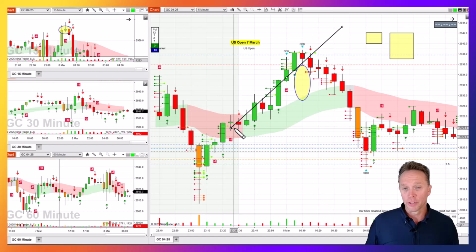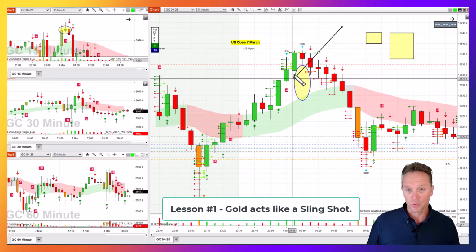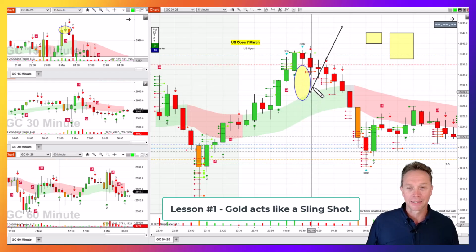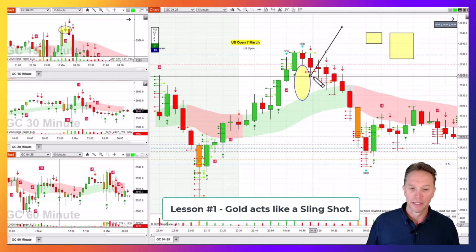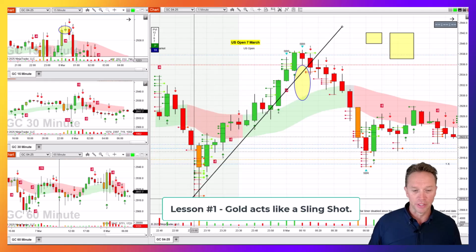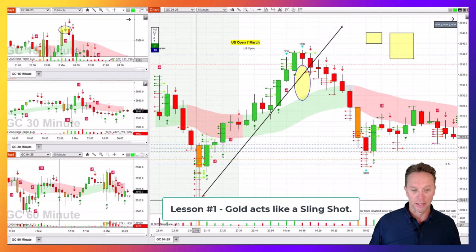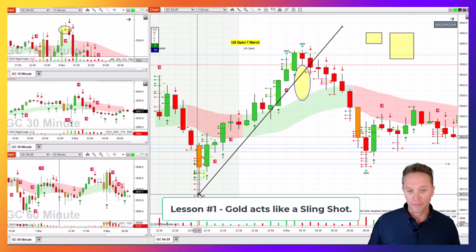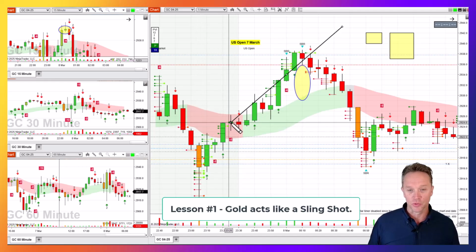Now, what I do want to highlight, ladies and gents, first and foremost, as we cruise up here, this little blue circle, guys, gold is almost like a slingshot. Okay, now what do I mean by that? Every time it moves away from the trend indicator, so you see this big orange candle down here, that's an extreme seller volume candle, every time gold moves away from that, it rebounds back to the trend indicator.